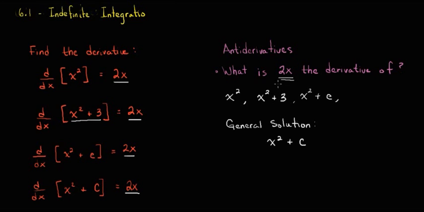And we call this the antiderivative. So this is the antiderivative of 2x, because when I take the derivative of it, I get this 2x.